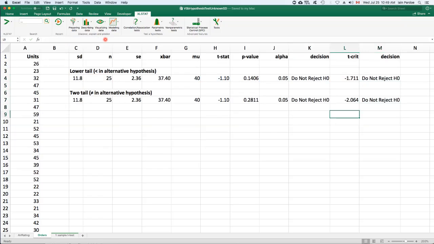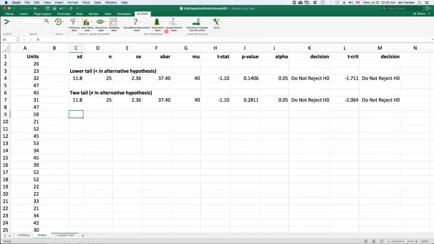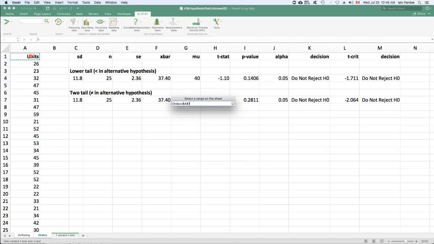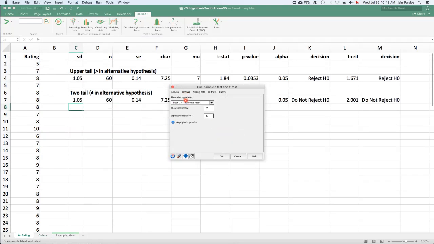So let's see how this works in Excel stat. We'll do a one sample t-test. We'll select our data. Our options are a theoretical mean of 40, but we're doing a lower tail test, so we have less than in the alternative hypothesis, significance level of 5.